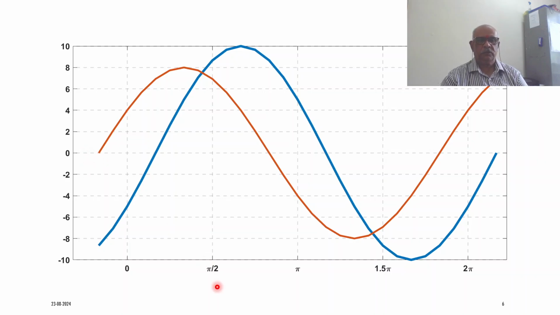What it means is, at time equal to 0 there was a voltage, some value here, minus some value as I said. At some time it has gone to 0, and then all the way to 10 volts, then coming back to 0, then it has gone negative, reached a peak, and then comes back. So the signal is changing with respect to time.